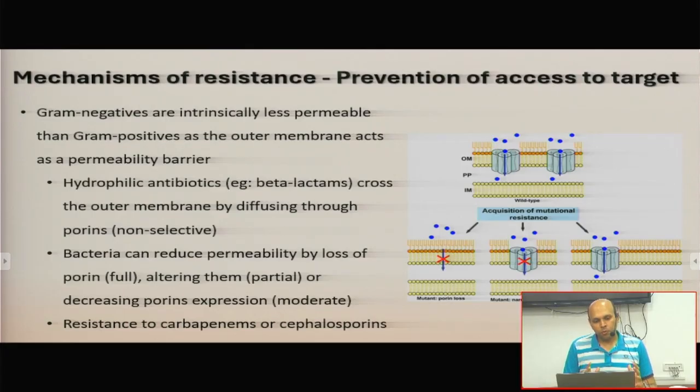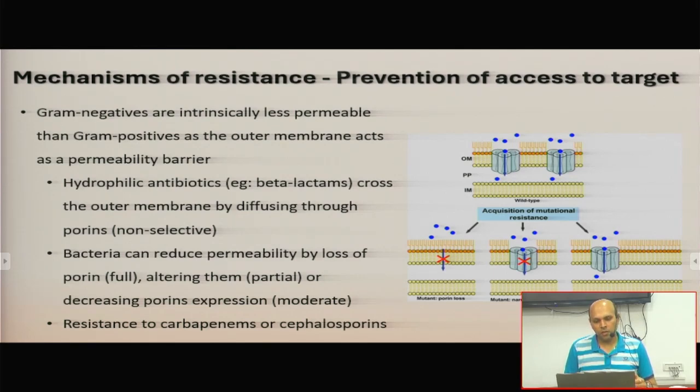Hydrophobic antibiotics, for example beta-lactams, cross the outer membrane by diffusing through porins. Porins are protein channels by which the antibiotics can cross the outer membrane. So bacteria can reduce permeability by loss of porin.